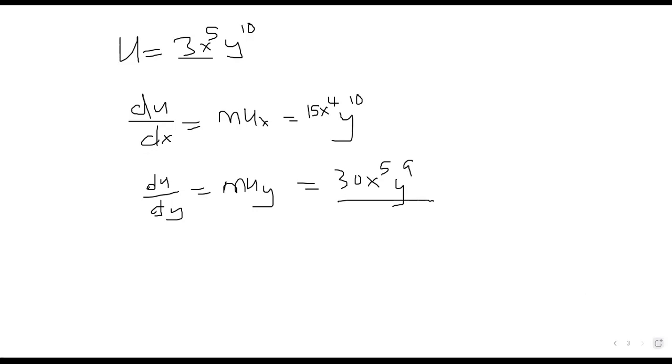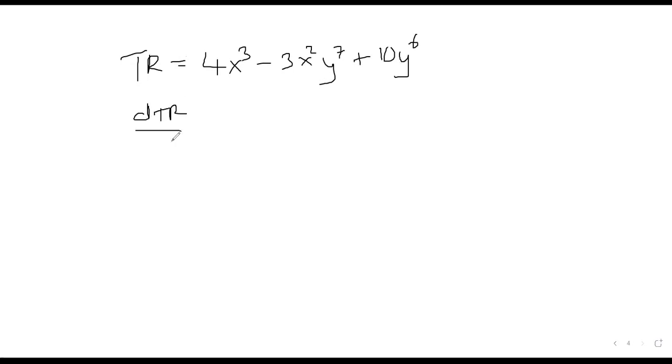All right, so if that is clear, we can now proceed. Suppose we have TR is equal to 4x^3 minus 3x^2y^7 plus 10y^6. So we're differentiating dTR over what? dx, because we have two letters here, X and Y. So we're going to differentiate only where X is concerned.